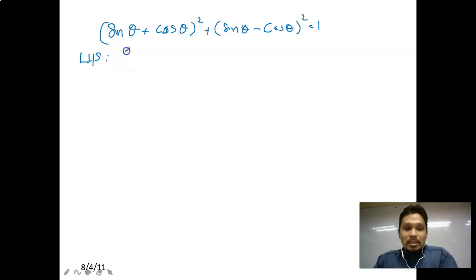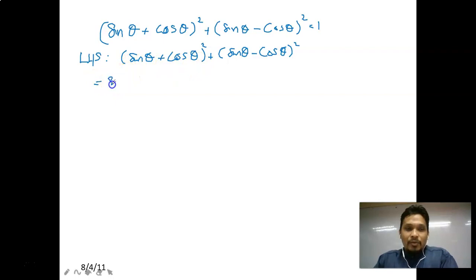Okay, so here, sine theta plus cos theta, plus sine theta minus cos theta. I forgot the squared here, squared left and right. So then expand this.